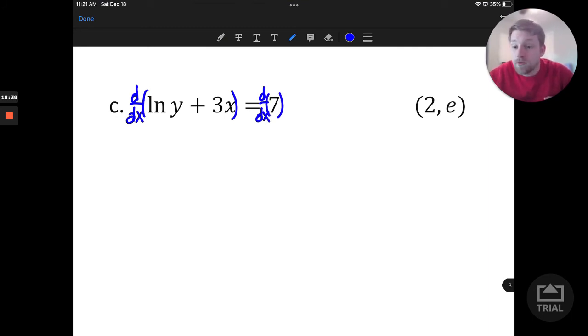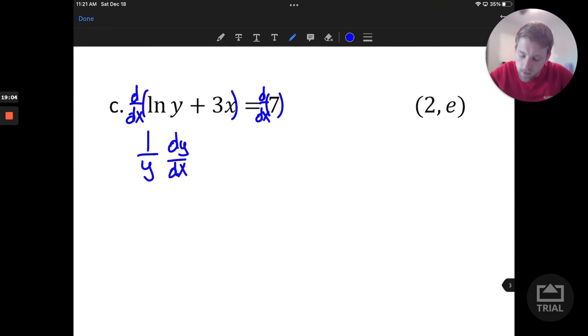So the derivative with respect to x of the natural log of y, well, usually natural log will have the 1 over the argument derivative, so that would be 1 over y here. Since this is a function of y, we want to take the derivative with respect to x of the y variable. That would be, again, dy dx.